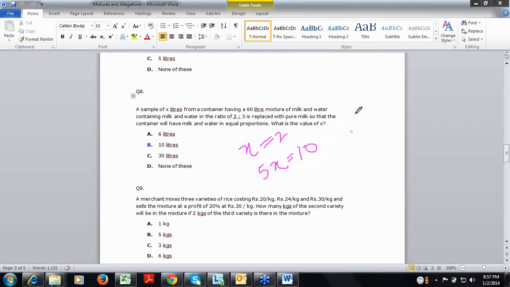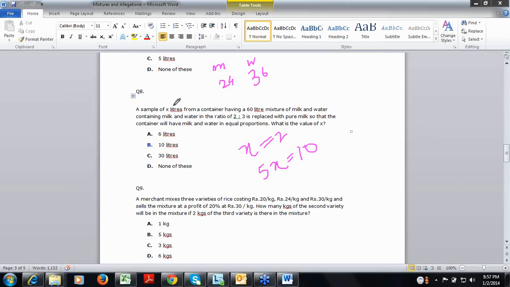Again, let me repeat this. Okay, 60 liter mixture, milk and water. So 24 is milk, 36 is water.